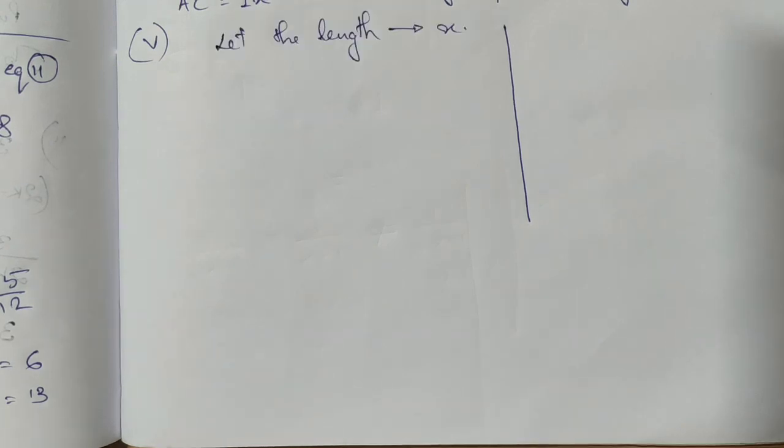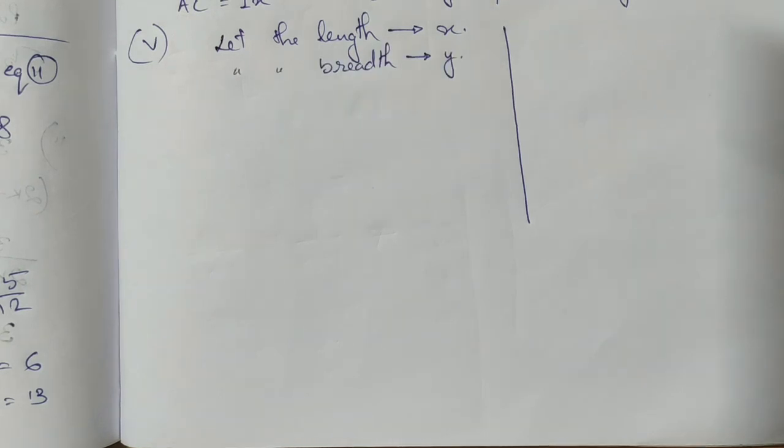Okay. Now moving to the last part of the question. The area of a rectangle is reduced by 9 square units if its length is reduced by 5 and breadth is increased by 3. Now we need to find the dimensions. So let the length of the rectangle be x and the breadth be y.